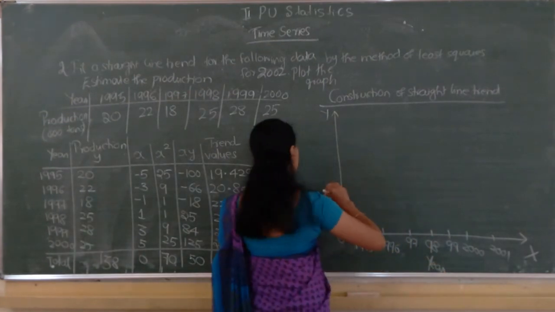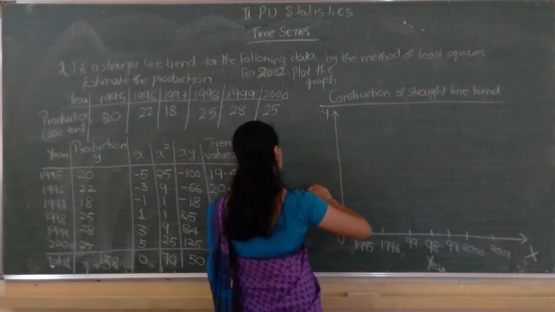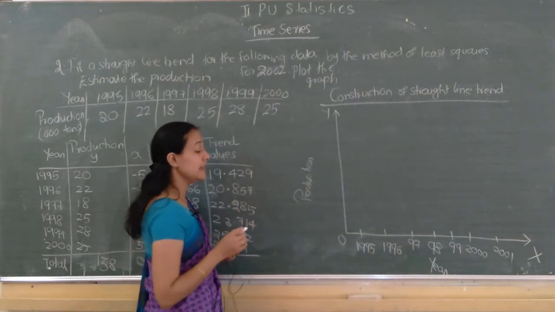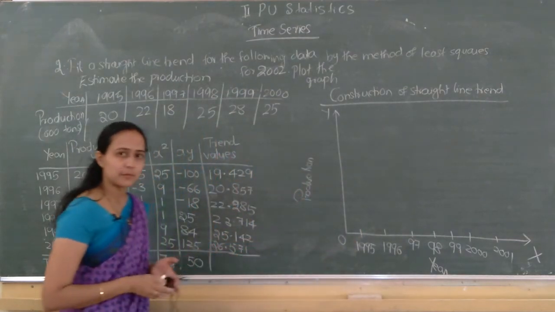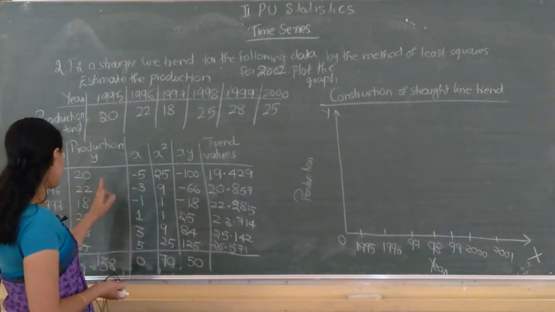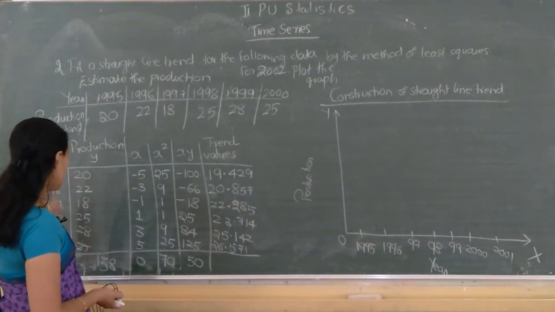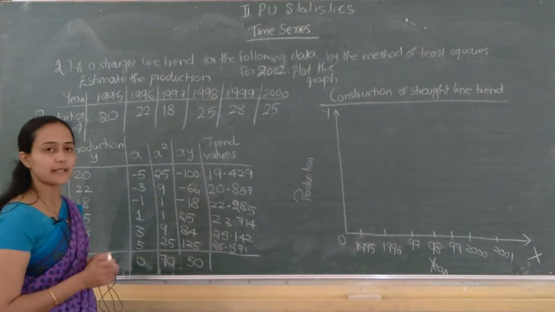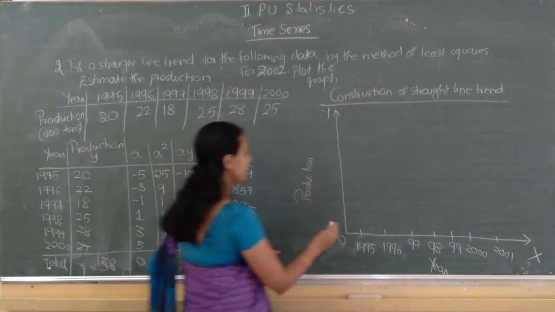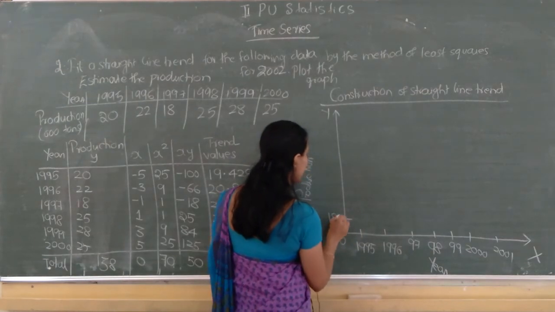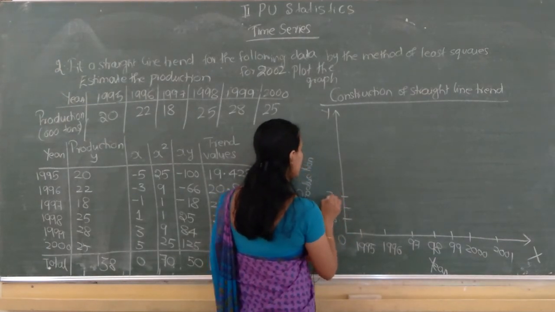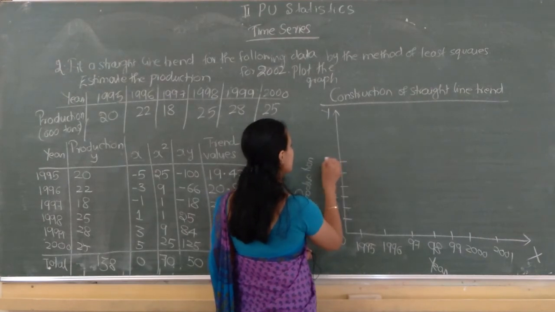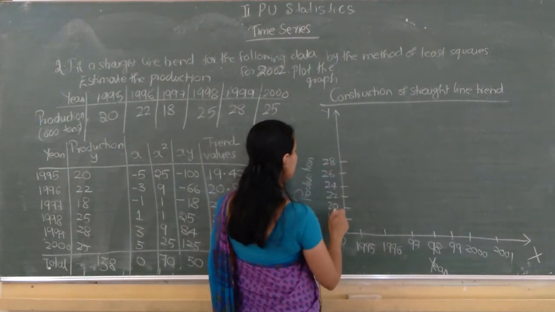Production we have to take along the y axis. While taking production you have to see the scale: the lowest is 18 and the highest is 28, so all values come in between. So it starts from 18; onwards I am taking 18, 20, 22, 24, 26, 28.